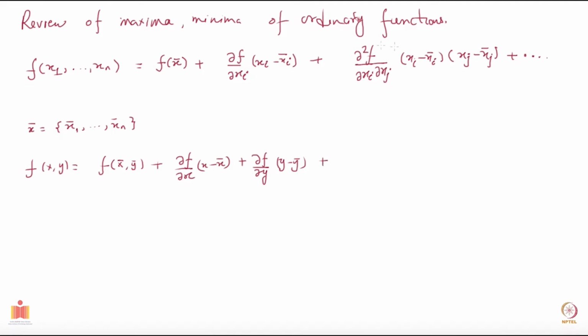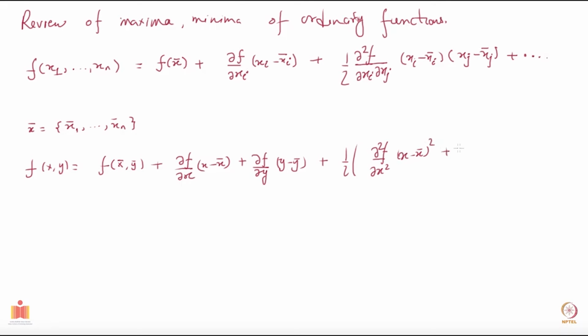And here you have three terms. When xi is x, it gives you del 2 f over del x squared. So there should have been a factor of half here, which I missed. So you get half del 2 f over del x squared, this gives x minus x bar squared.